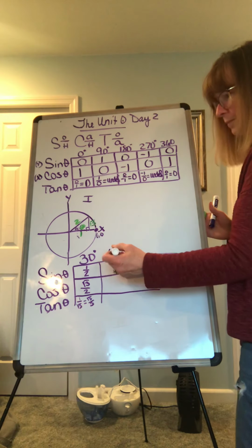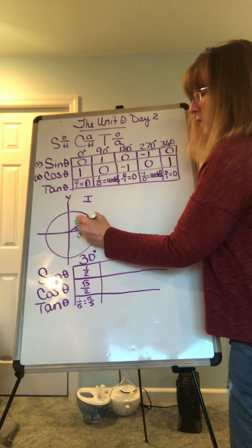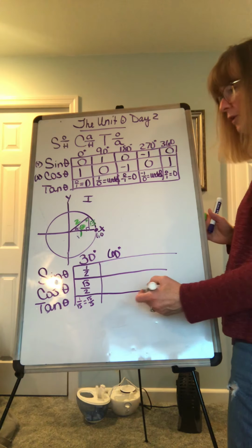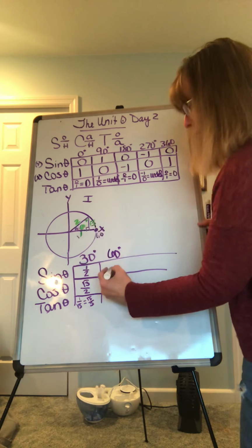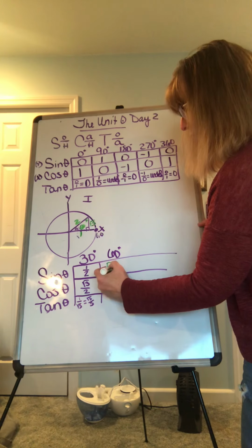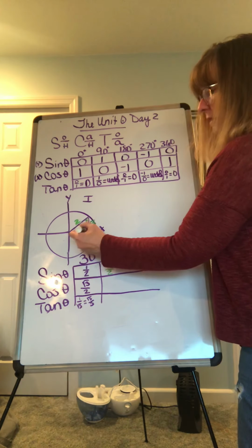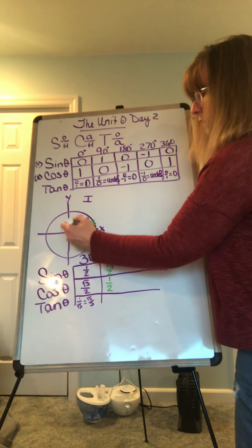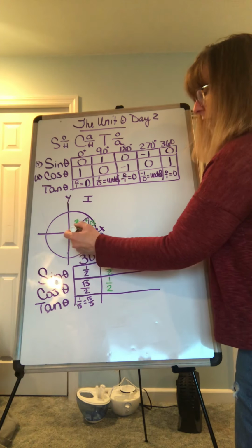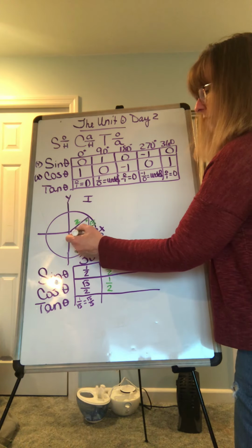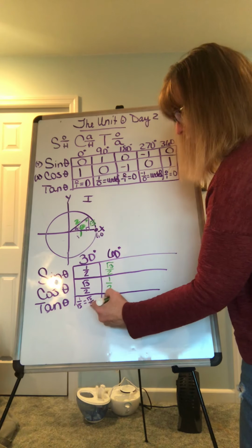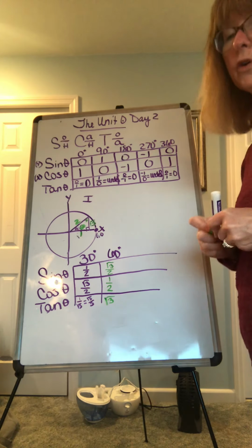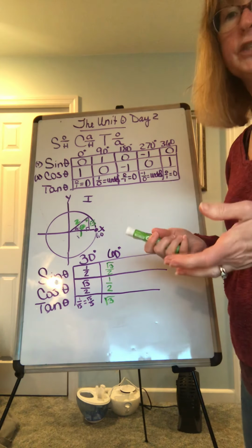So now, because this would be 30 degrees up here, that's still a 1:2 ratio with the hypotenuse. But the sine of 60 would now be rad 3 over 2. The cosine of 60 would be 1/2. And then the tangent of 60 would be opposite to the adjacent, rad 3. So it changed somewhat because the angle, the perspective, changed.